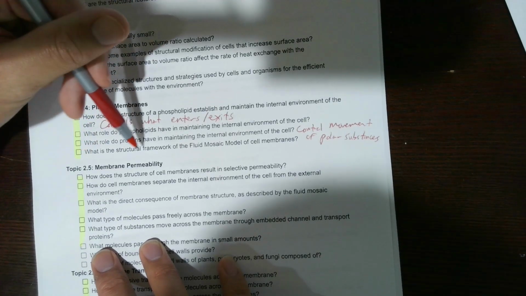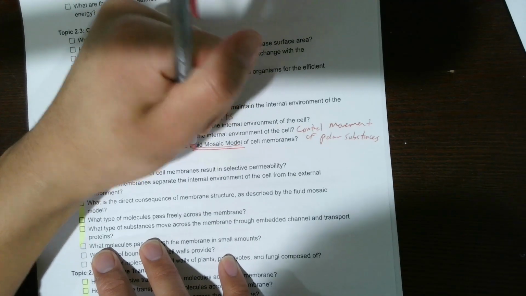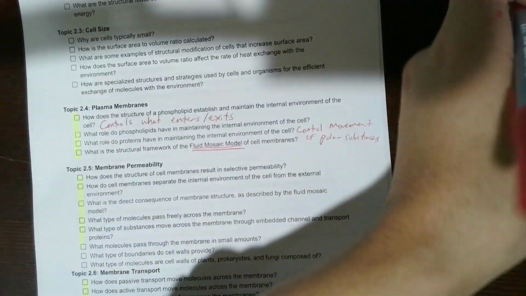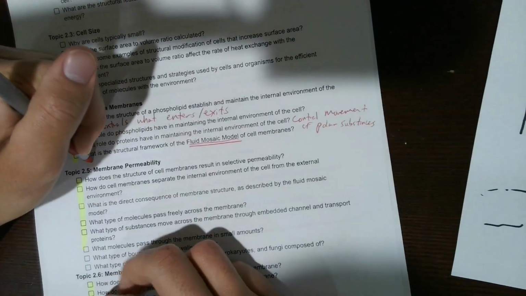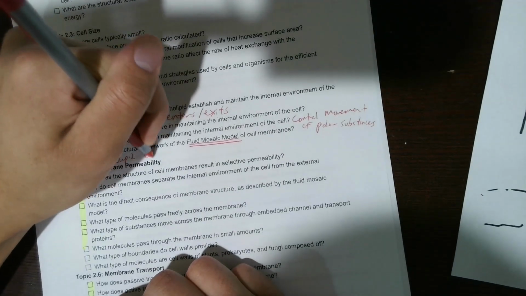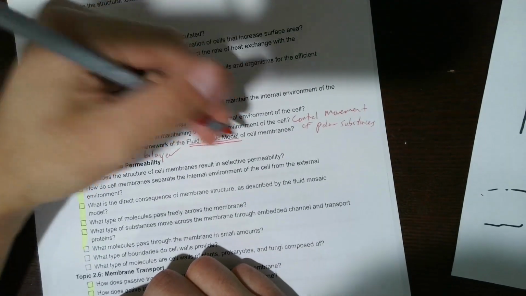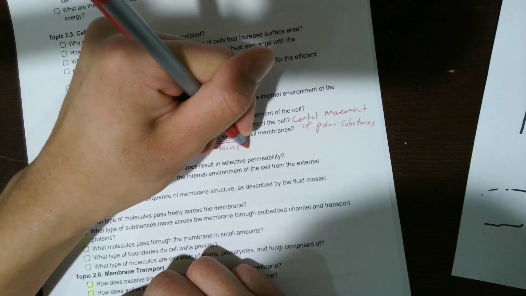What is the structural framework of the fluid mosaic model? Fluid mosaic is a fancy word for this picture that I drew out. The membrane is made of phospholipids. The cell membrane is a phospholipid bilayer with proteins embedded.